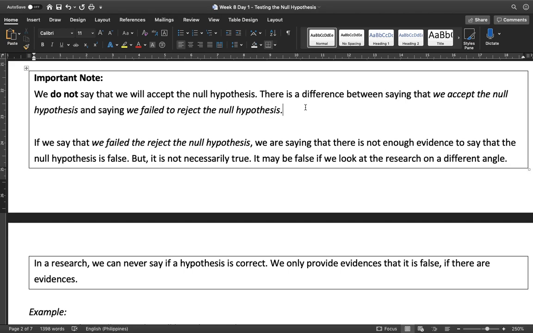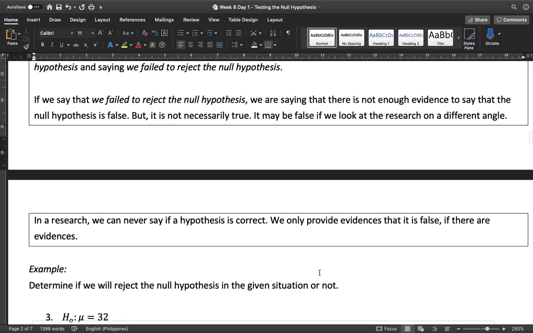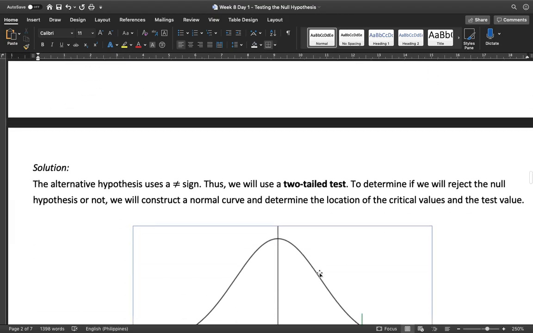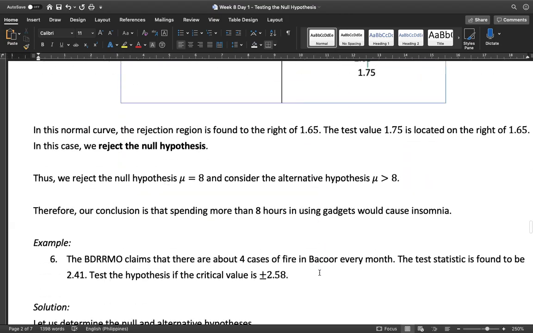If we say that we fail to reject the null hypothesis, we are saying that there is not enough evidence to say that the null hypothesis is false. But it is not necessarily true. It may be false if we look at the research from a different angle. We can never say if a hypothesis is correct, we will only provide evidence that it is false if there is evidence.